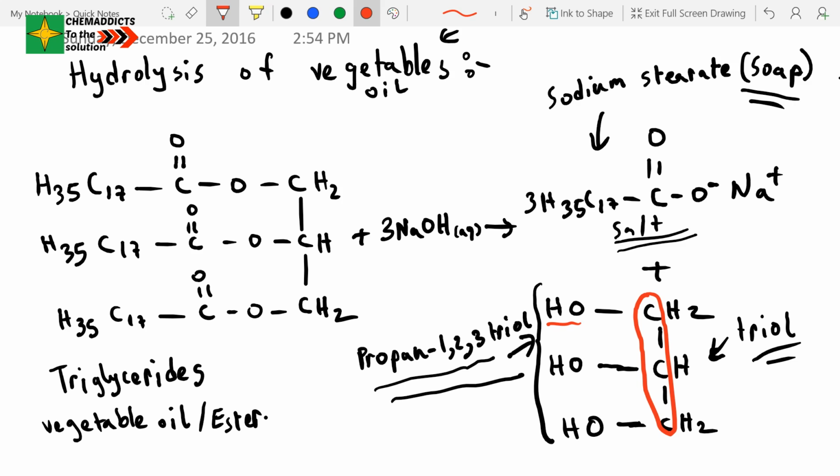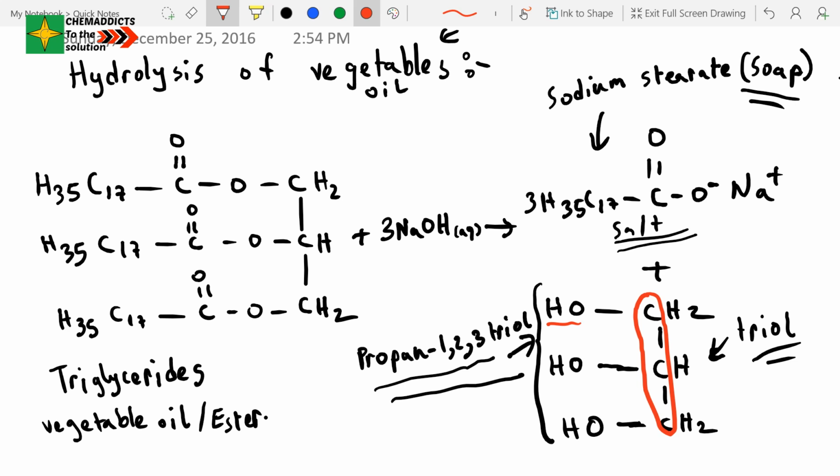Since there are 3 alcohol groups present in this compound, we should name it triol at the end. Since there are 3 carbon atoms in the longest chain, the name should be propane triol.